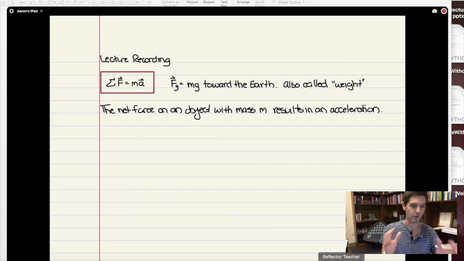You figure out what are all the contact forces, what are all the things in contact with your system or your object that you're studying. They must therefore exert contact forces on your system or object. Then there is the one exception for this class, which is the long-range force of gravity, which does not need to be in contact with your object in order to exert a force. You do not have to be touching the Earth in order to feel Earth's gravitational pull.